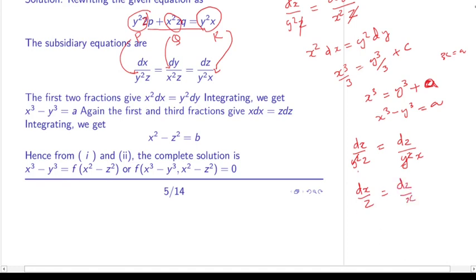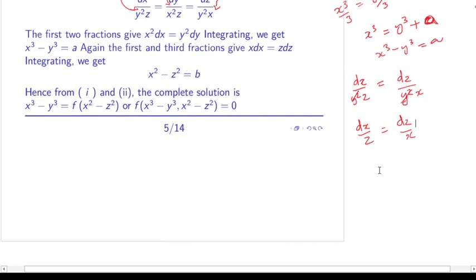On cross multiplying you can separate these variables, so what you get is x dx equal to z dz. So we can clearly see that you have separated these variables, so we can directly integrate now.